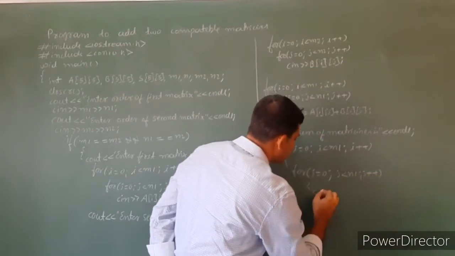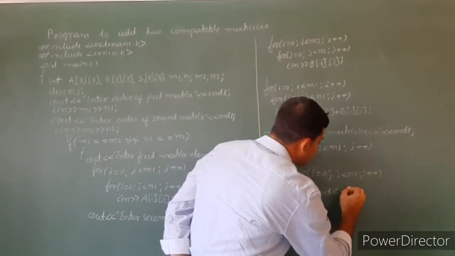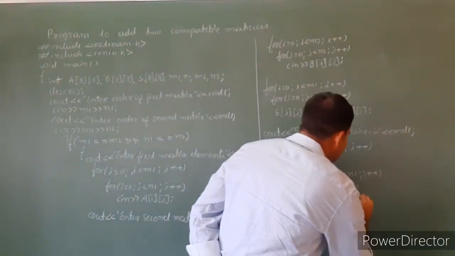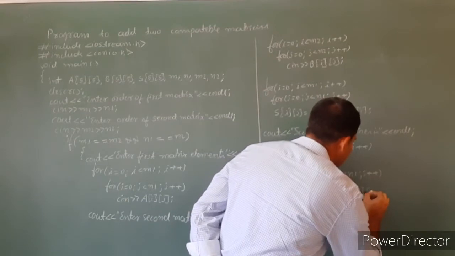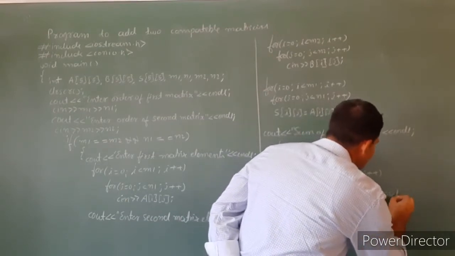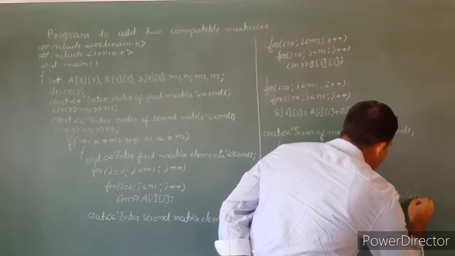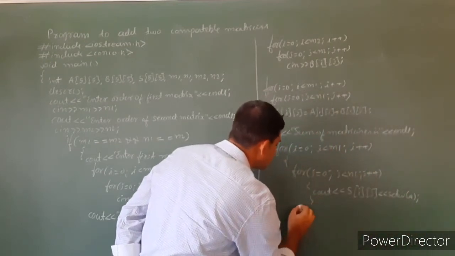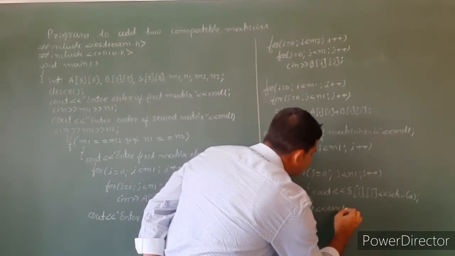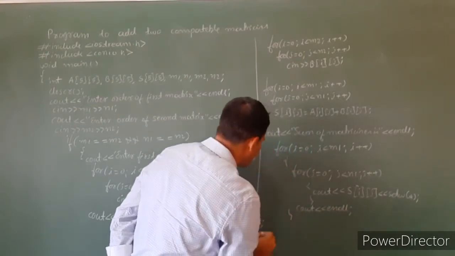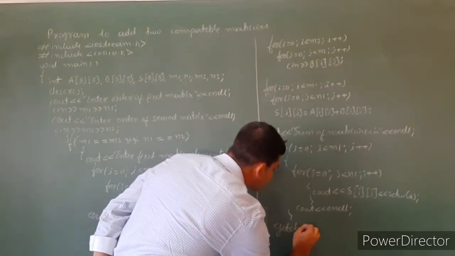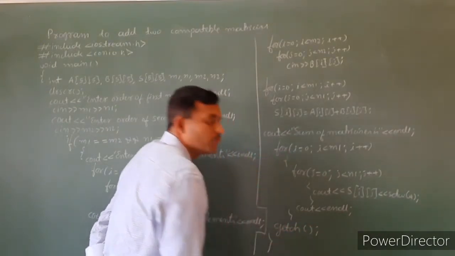Inside that, output, cout resultant variable array name is S, S of i j. Then setw of 4. Close the inner for loop, output endl, close the outer for loop. Then function getch, close the main program.